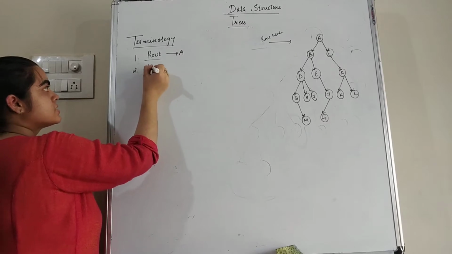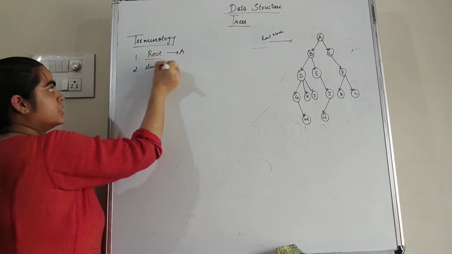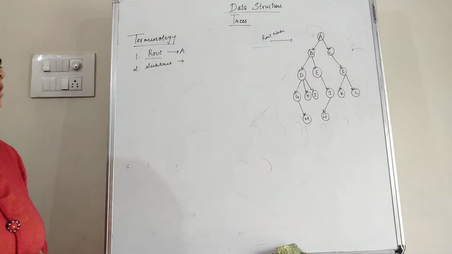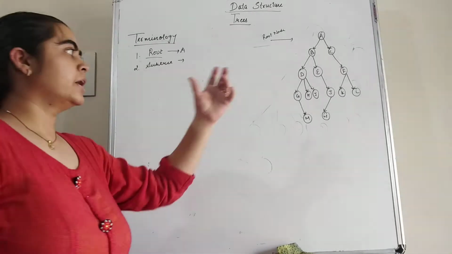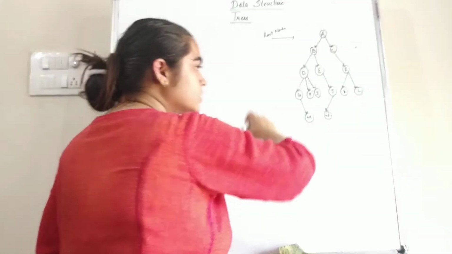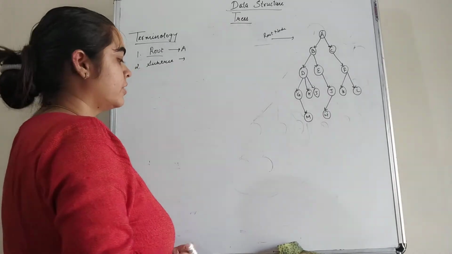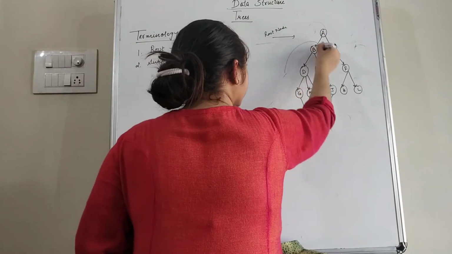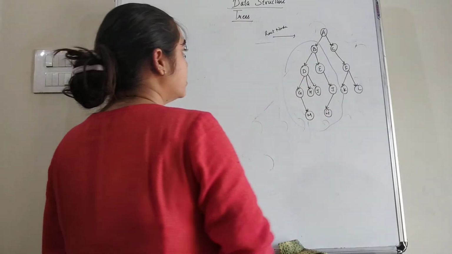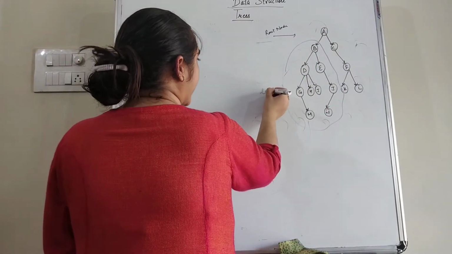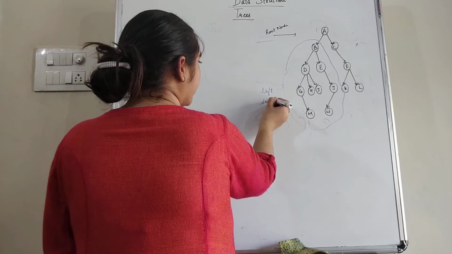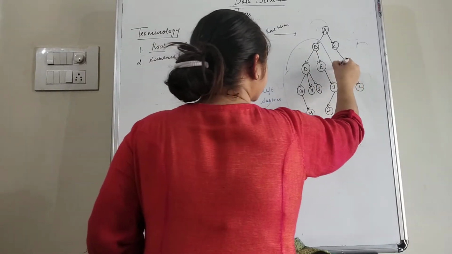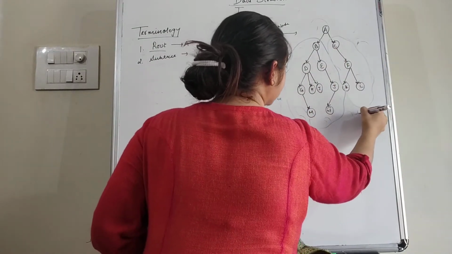Next one is the subtree. Subtree means the different trees within this main tree. So here for this big tree we have different trees. So first subtree for this root node is this tree. So that means this tree is known as a left subtree for A. And for this A, this is the right subtree.